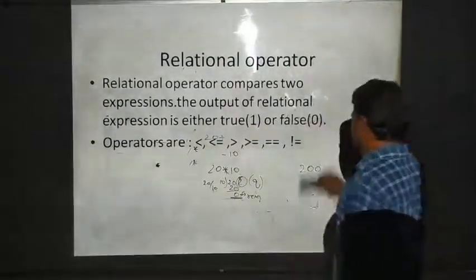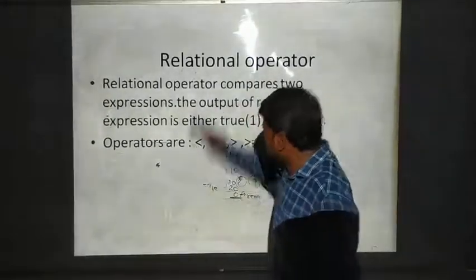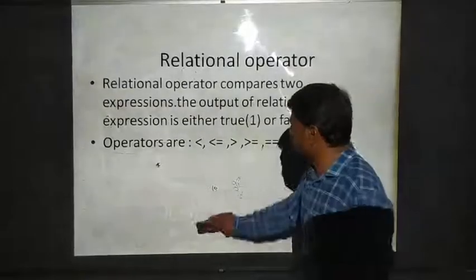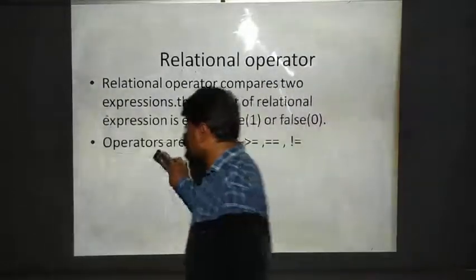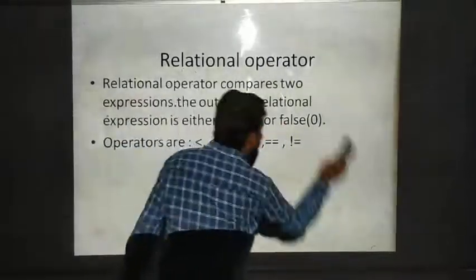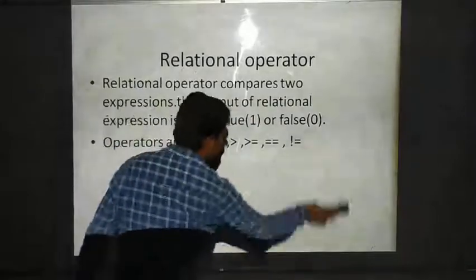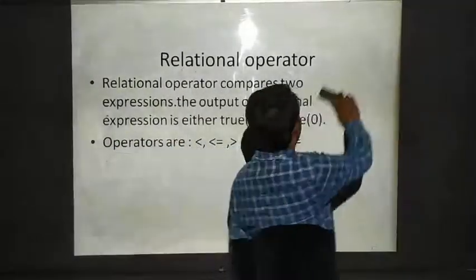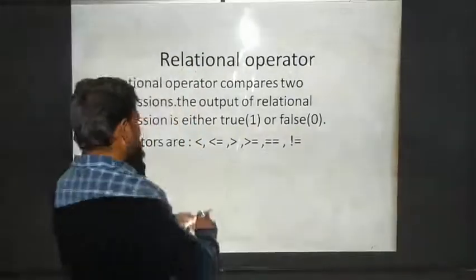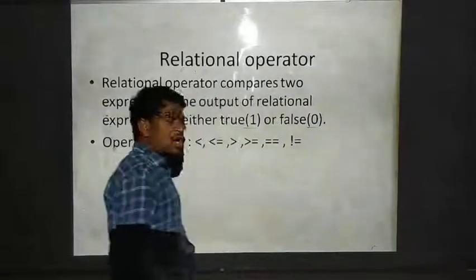If the condition is true, it prints 1 as output, otherwise it prints 0 as output.